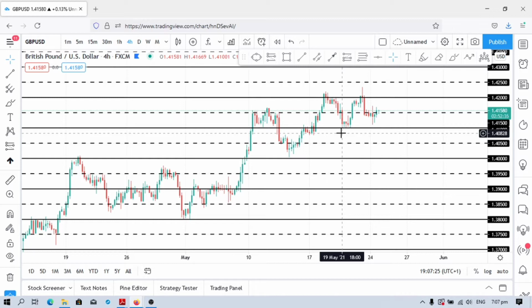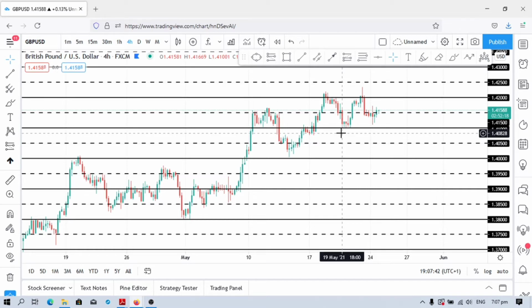So when I trade psychological levels, I normally take my trade around that level and aim for a 50 pip move, or sometimes a 100 pip move, depending on what I see in the markets.